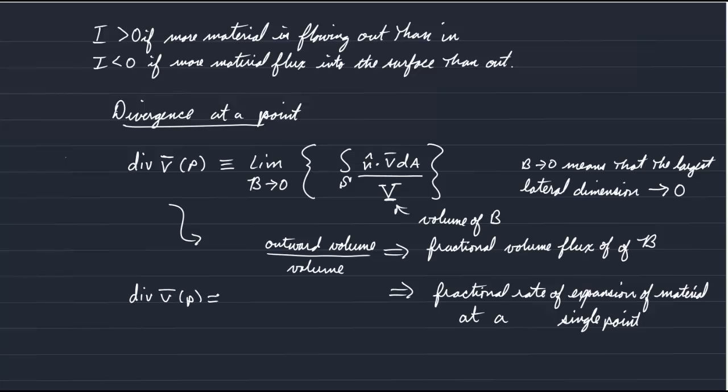Turns out that the divergence at a point is equal to the partial derivative of the horizontal component of the velocity with respect to x plus the partial derivative of Vy with respect to y plus the partial derivative of Vz with respect to z.